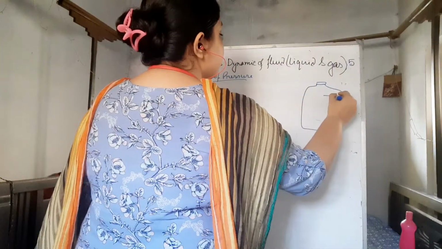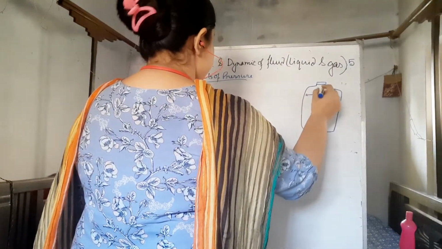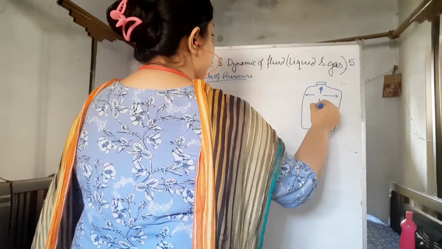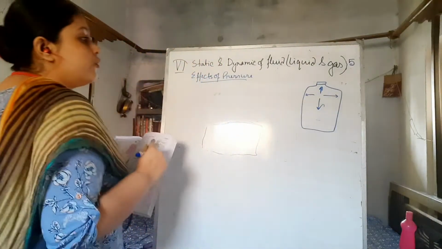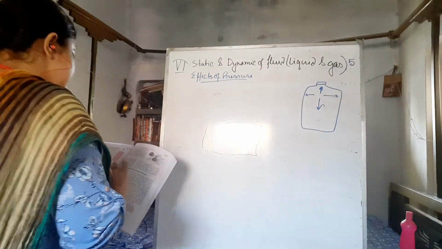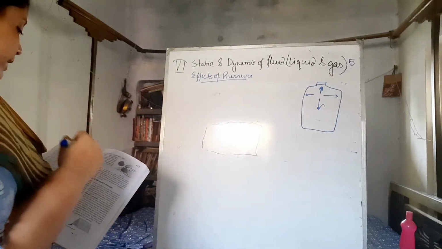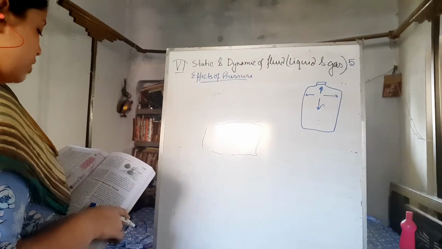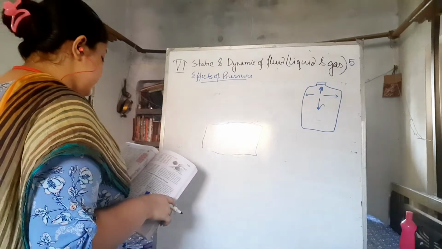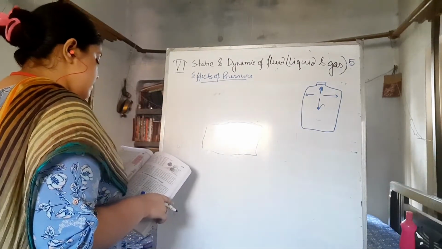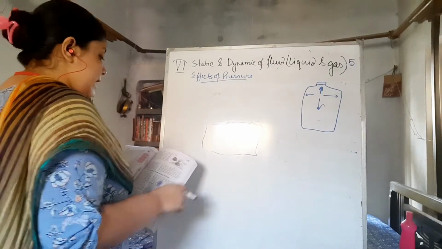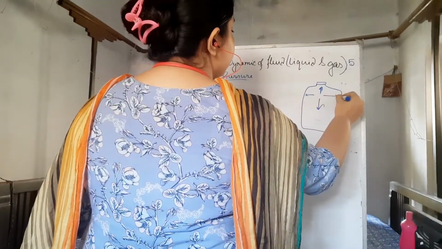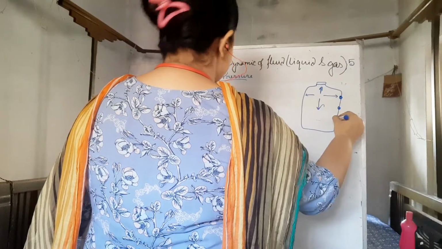Here we know the pressure is exerted everywhere, and now we make some holes on it. Like 3 holes shall be made in the bottle, one above another, from top to bottom in a line. We can make one hole here, one here, and one here.